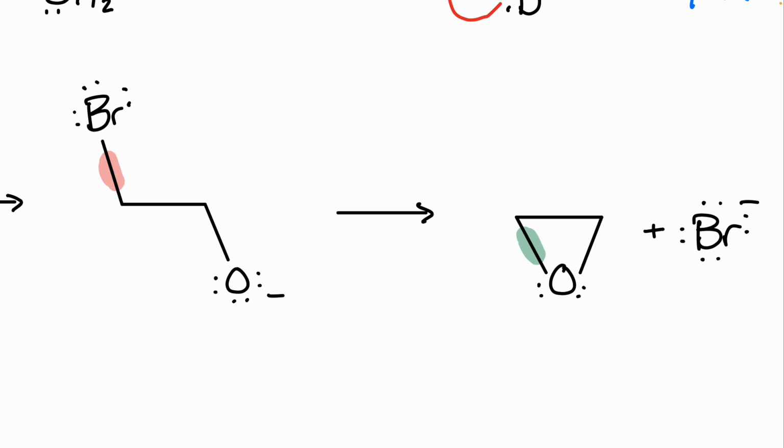So we're going to have this internal nucleophilic attack kicking off that bromide leaving group. This will form my new bond. That's what that arrow's doing with this pair of electrons. And my bromide has now accepted that extra pair of electrons from that carbon-bromine bond to become my bromide ion.